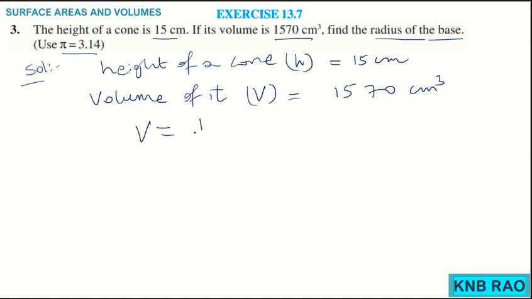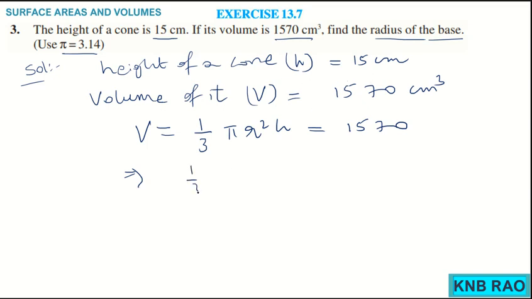volume is 1/3 pi r square h. With that formula we find the volume of a cone, where if we equate this to 1570, we have two variables, that is r and h. The h value we know already, 15.